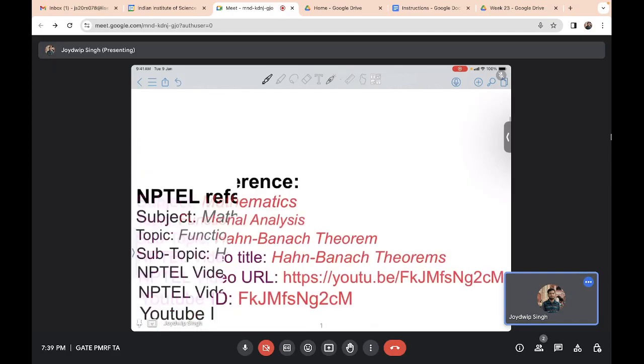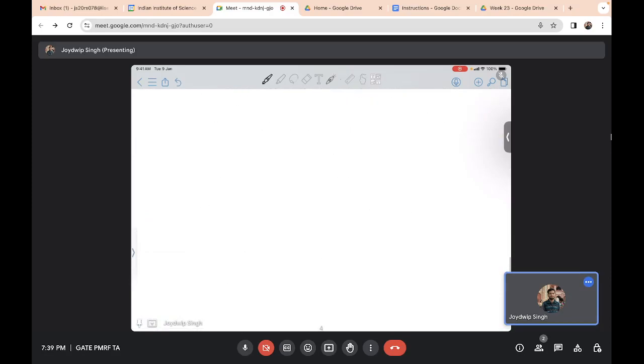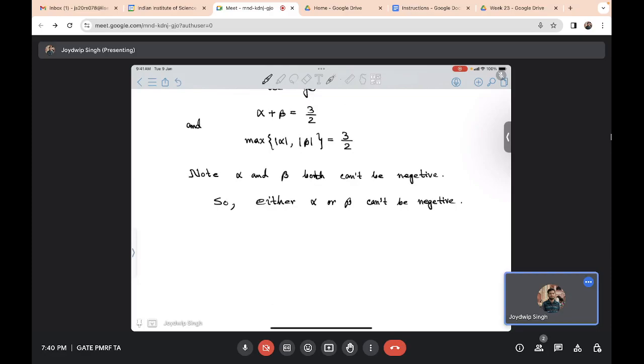So both should be positive. As G is a non-trivial harmonic extension, alpha and beta both are positive.